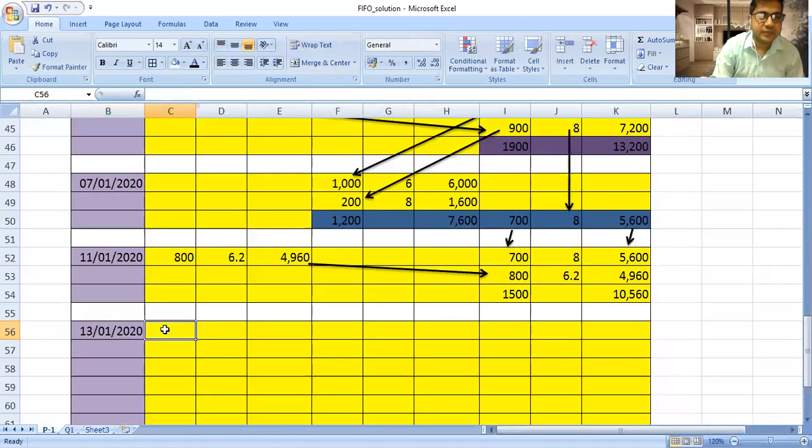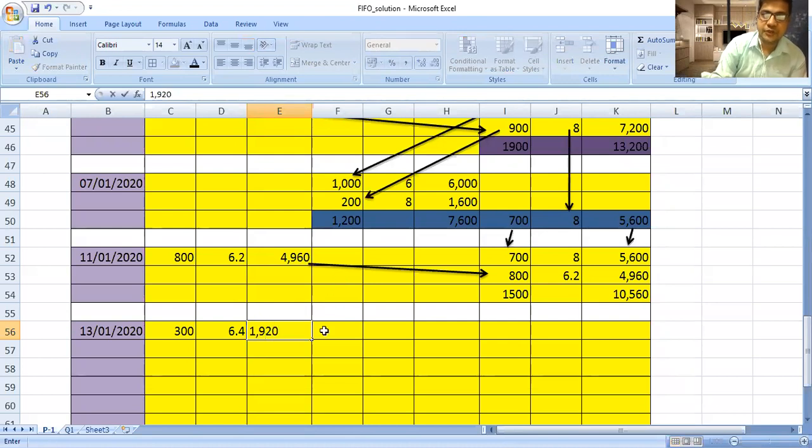Rate 6.40. 300 into 6.40. Use your calculator and find out the value. How much did you get? 1920 is the value.